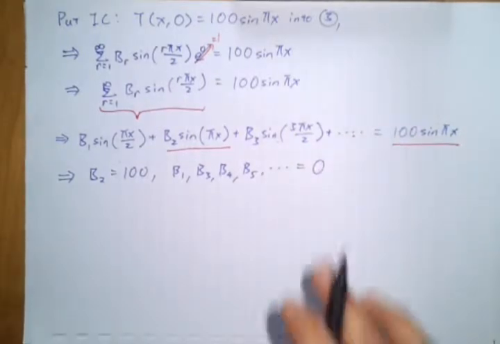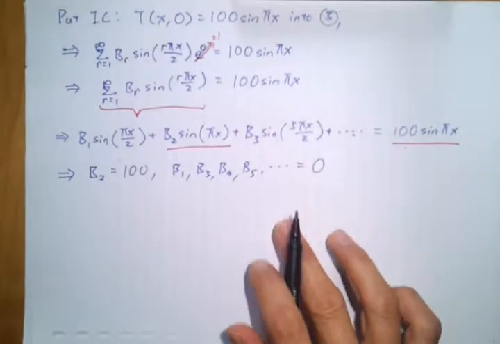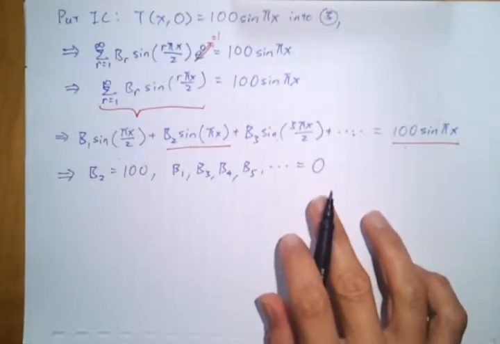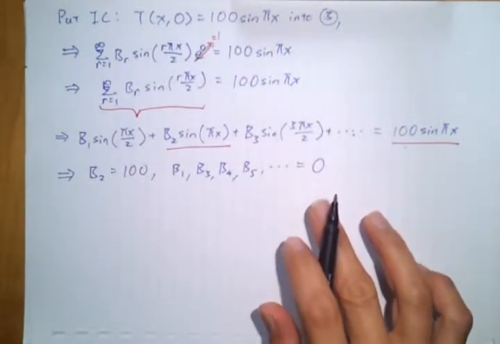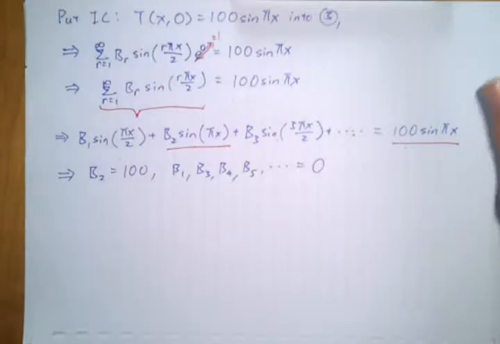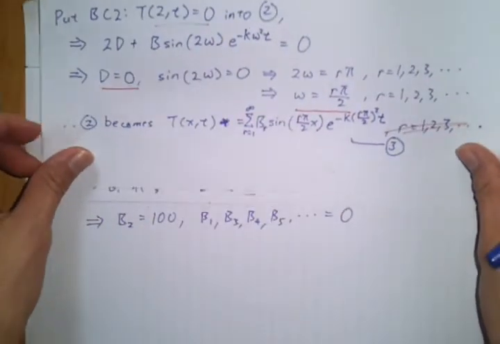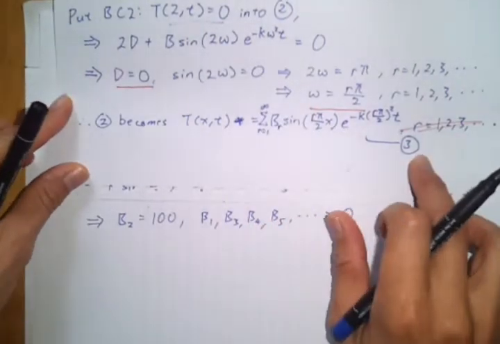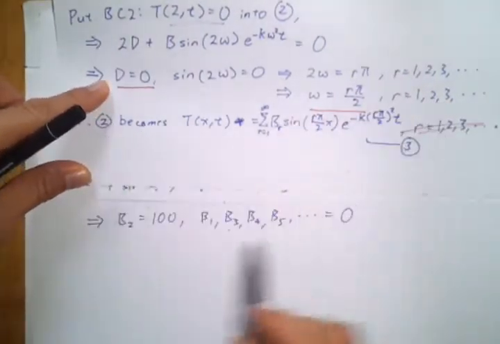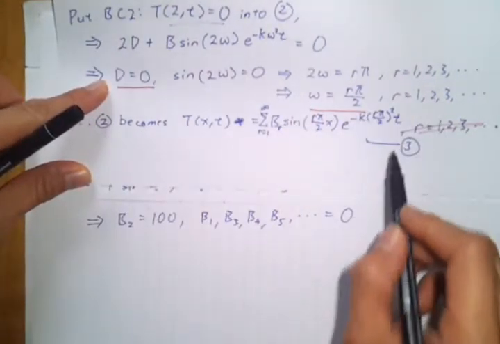So you put this information for all your coefficients B back into your solution. Remember which is your solution? Your solution is equation 3. So you put all these coefficients back into 3.